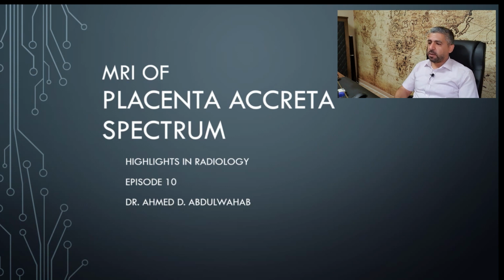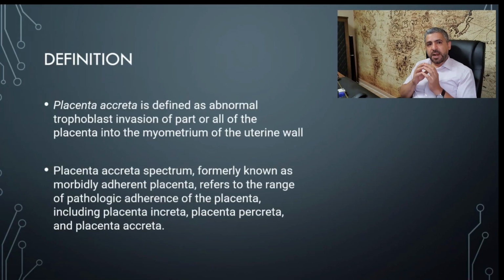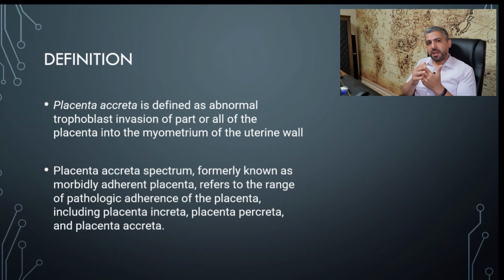So first of all, let's start by defining the placenta accreta. What's a placenta accreta and what does it mean? A placenta accreta is an abnormal trophoblast invasion of part or all of the placenta into the myometrium of the uterine wall. So basically, the placenta is invading the myometrium and maybe even the surrounding tissues abnormally.